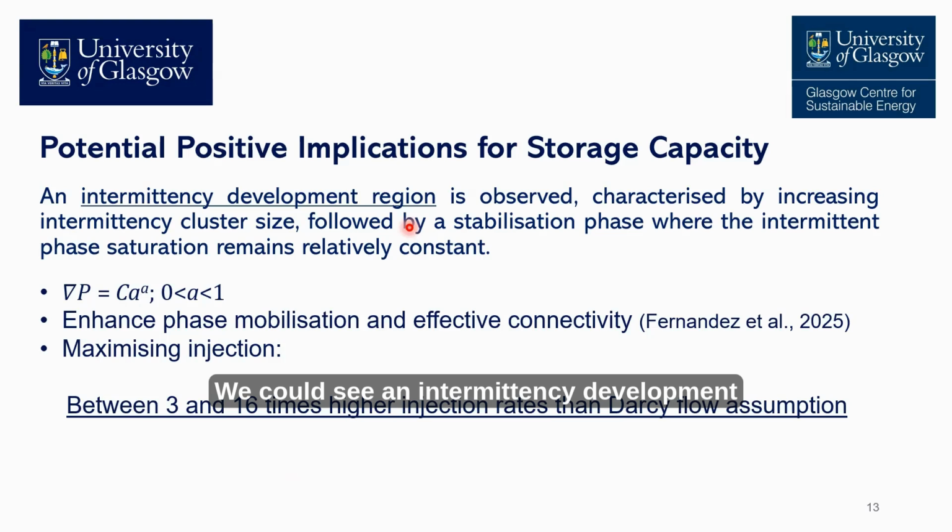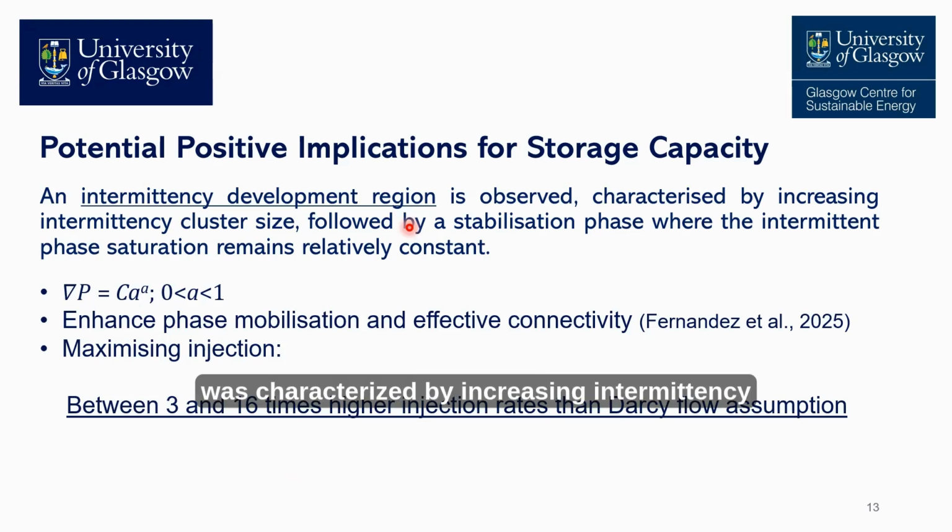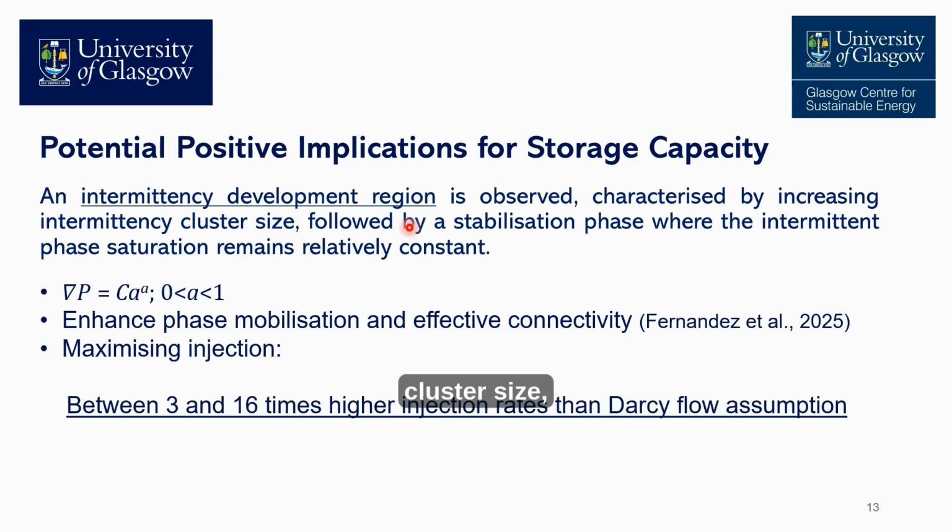We could see an intermittency development region that was characterized by increasing intermittency cluster size, which is followed by a stabilization phase in which intermittent phase saturation remains roughly a constant value.